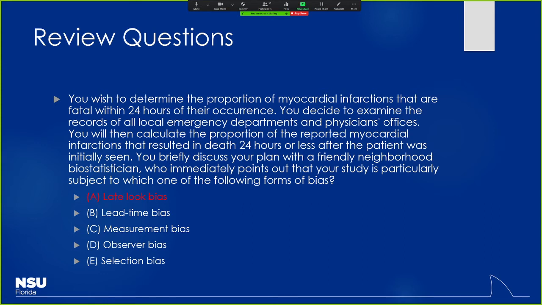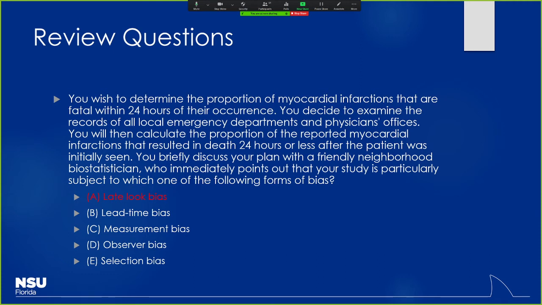Let's find out. So why would this be a late look bias? Why do we think that? Remember, are every one of the people who develop an MI seen at a physician's office or an ED? Do some people die in their home? For sure. Some people have a silent MI and they never seek care and they live, right?